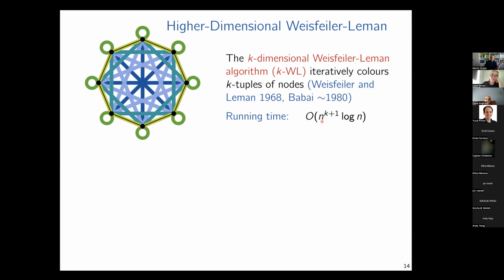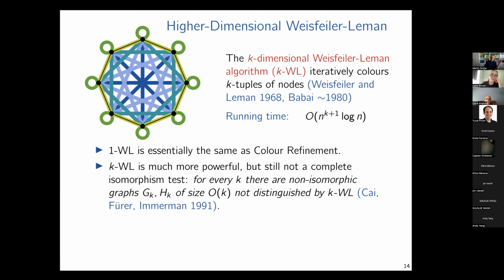Running time is much worse. So basically, this algorithm does not scale very well. So in practice, it doesn't play a big role. In theory, it does. The one-dimensional version is essentially the same as color refinement. I already told you there's a small difference. The k-dimensional version is much more powerful.